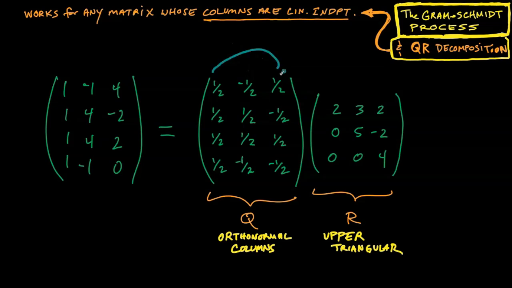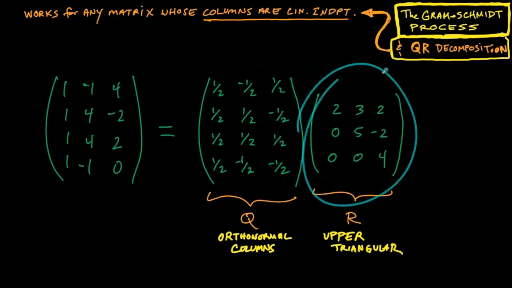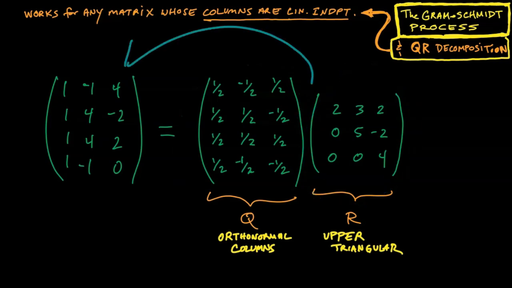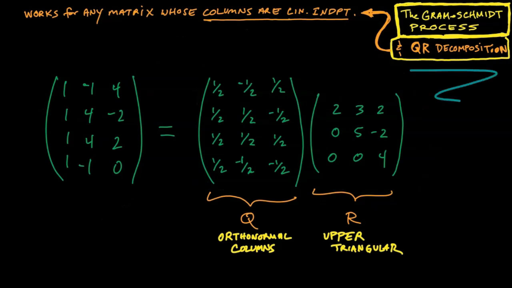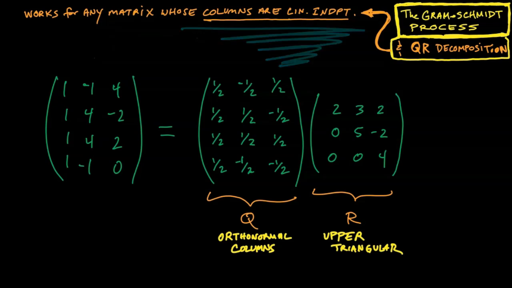The dot product of any two columns is going to be 0. And if you take the time to multiply these two matrices together, you will indeed see that you get the one on the left. So this really is an honest-to-God QR decomposition of our original matrix. And as I said before, you can find such a QR decomposition for any matrix whose columns are linearly independent. That's the one condition that must be met.